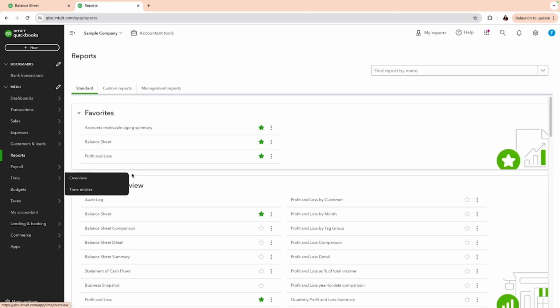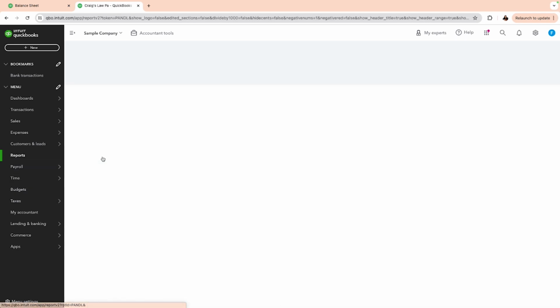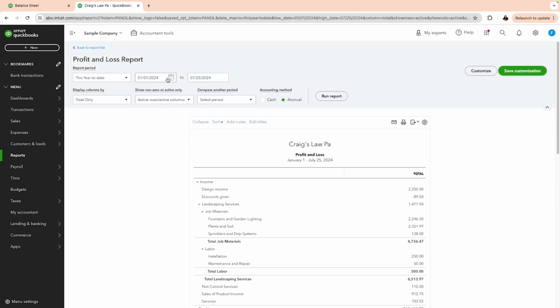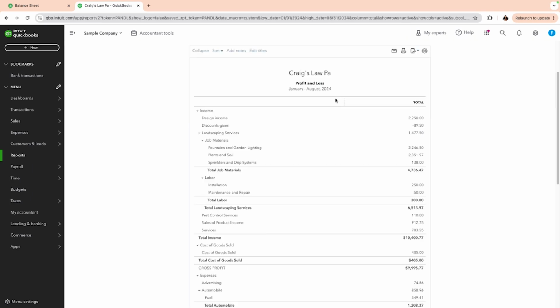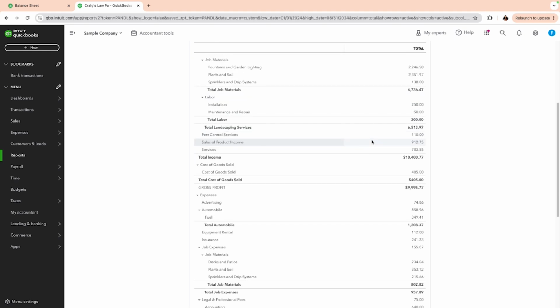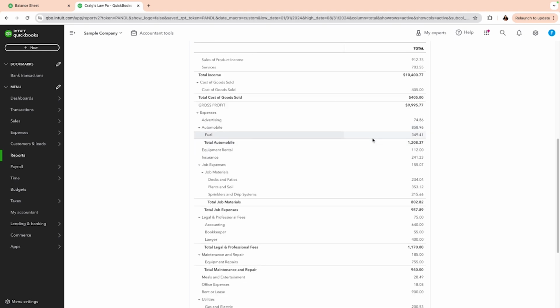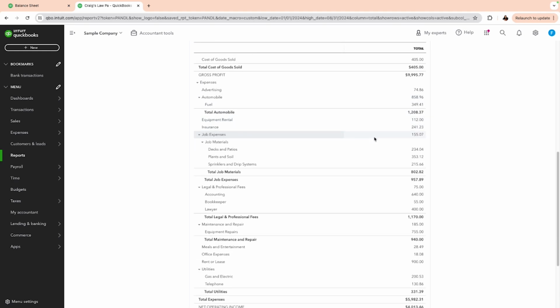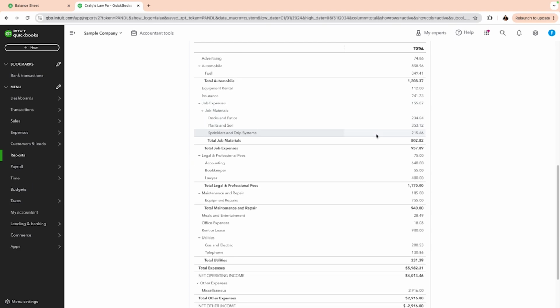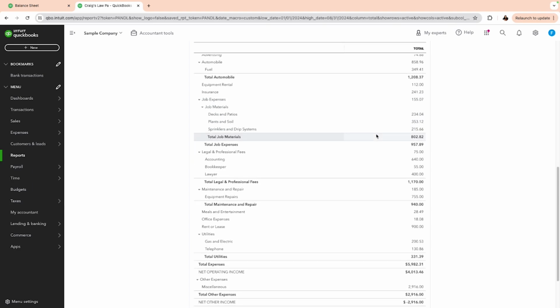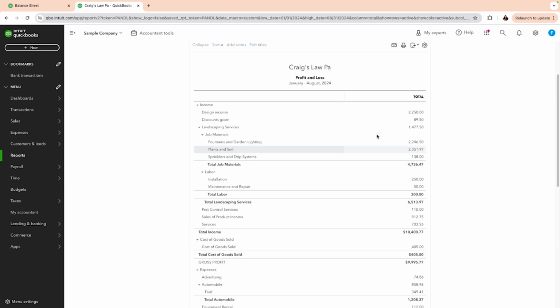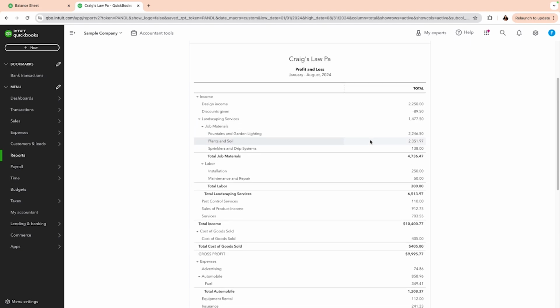Okay, reports, and like I said, I love to use double screen so we can see different aspects, and I'm gonna change the date here to August 31st. And if you take a look at income, service, and this is kind of hard because this is just a sample account.